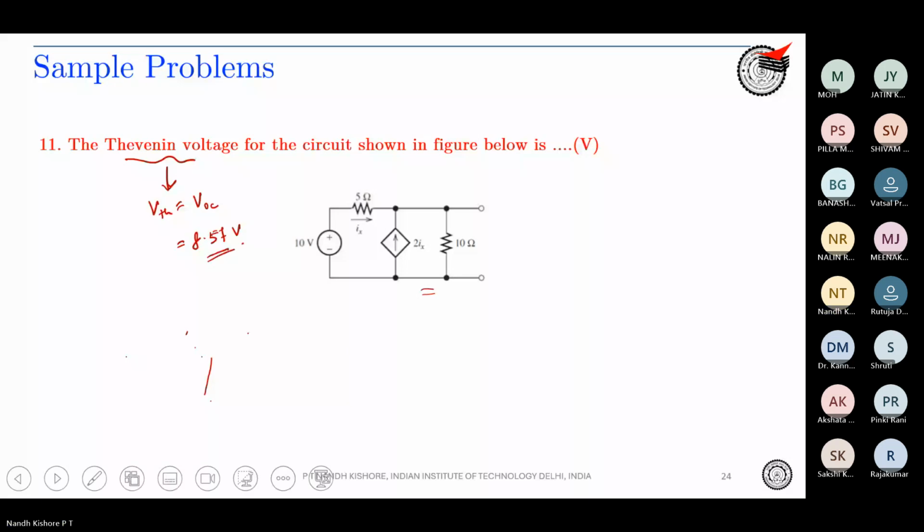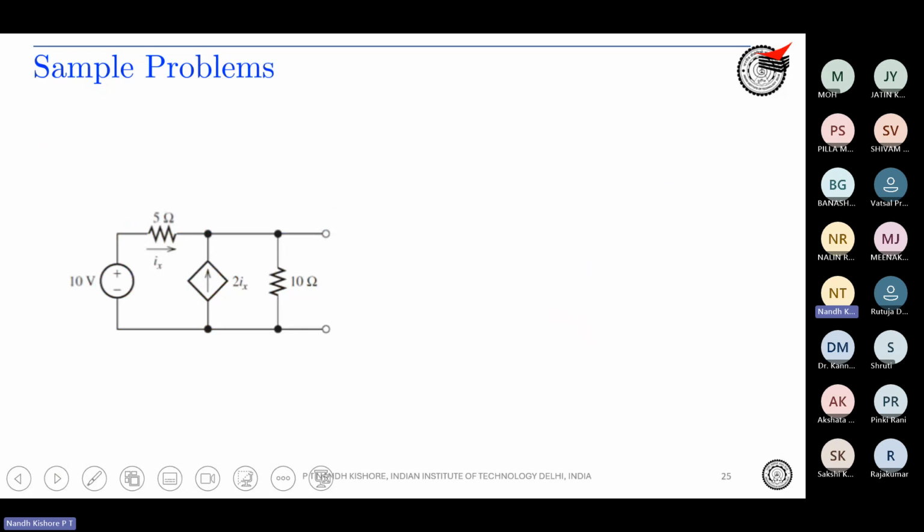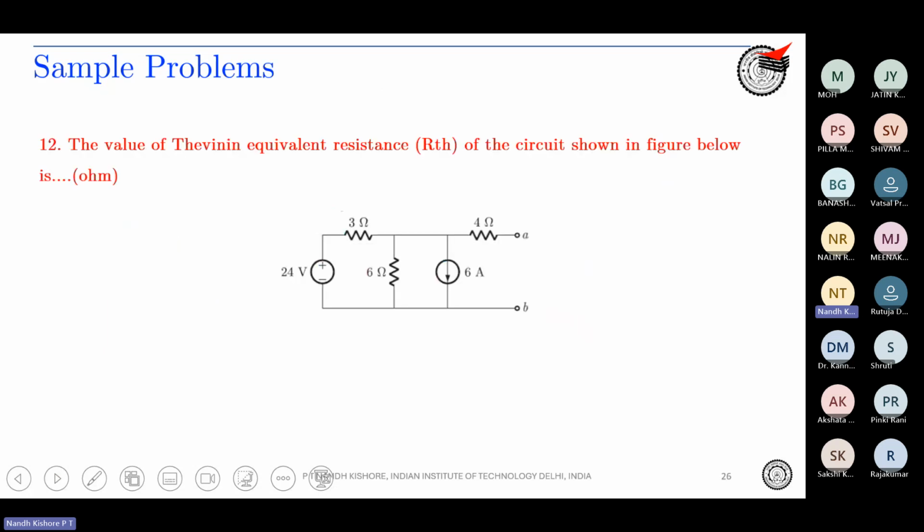So VOC, ISC, correct. So it is 8.57 volt. So I'm moving to the next question, right? The value of Thevenin equivalent resistance of the circuit shown in figure is dash. Can you try to tell what is the value?